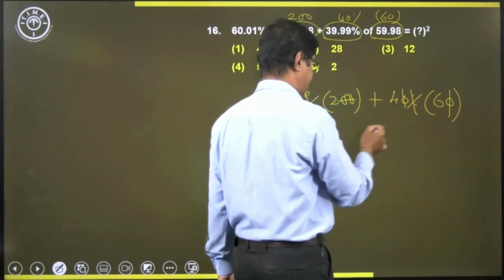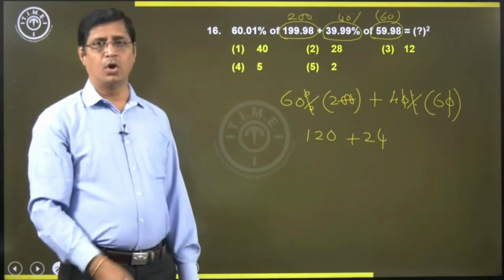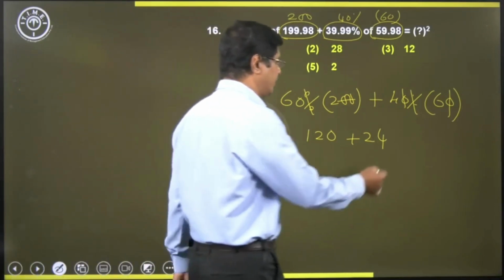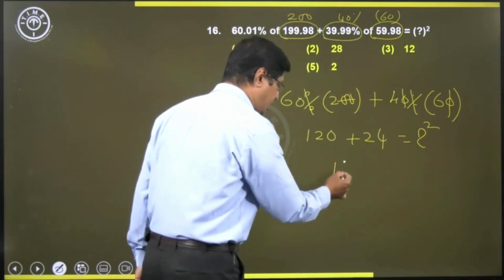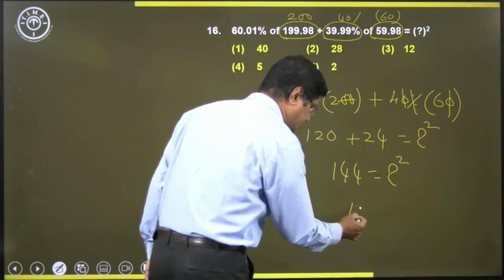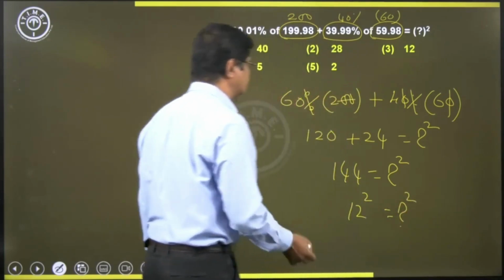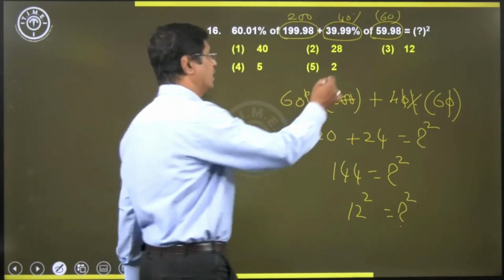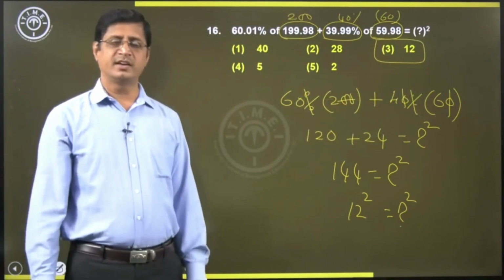The result is 24, 6 into 4, 24. 120 plus 24, that is 144. 144 is equal to question mark square. The value of the question mark means 12 square is equal to 144. The value of the question mark is 12. Right choice, option number 3. Third option is the correct answer.